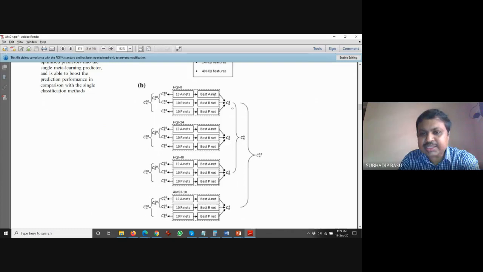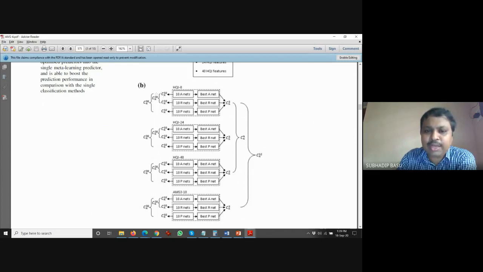So using this, you can have a C3N. That means you have the best C3N classifier, that means for the best A, R, or P network. Likewise, for the 10 A-nets, you can have a 10 consensus classifier, which is AUC optimized. Again, from R-nets, you have a recall optimized C10 classifier.